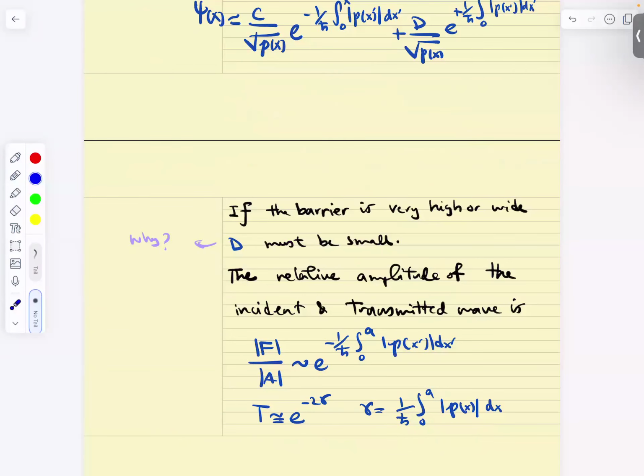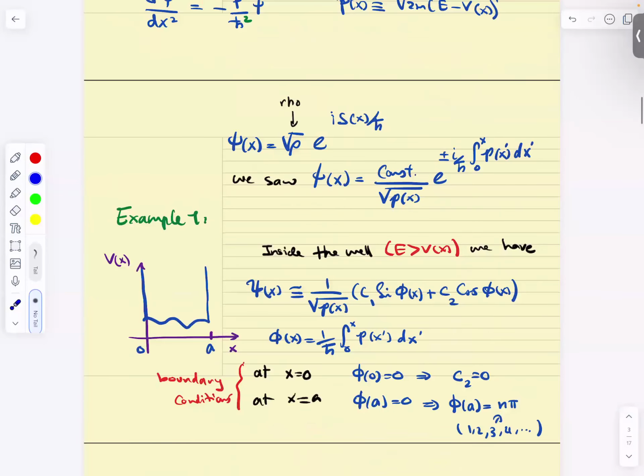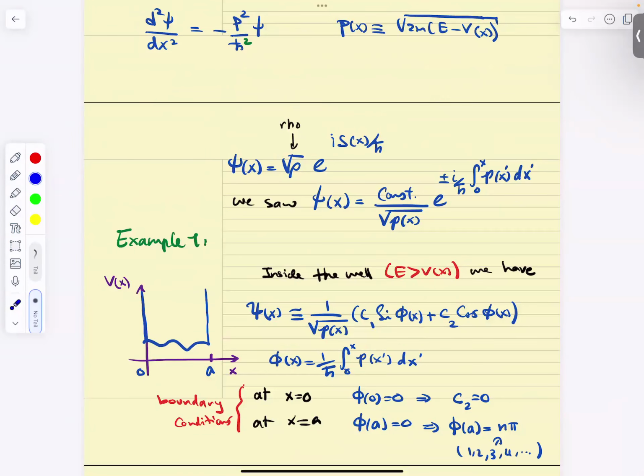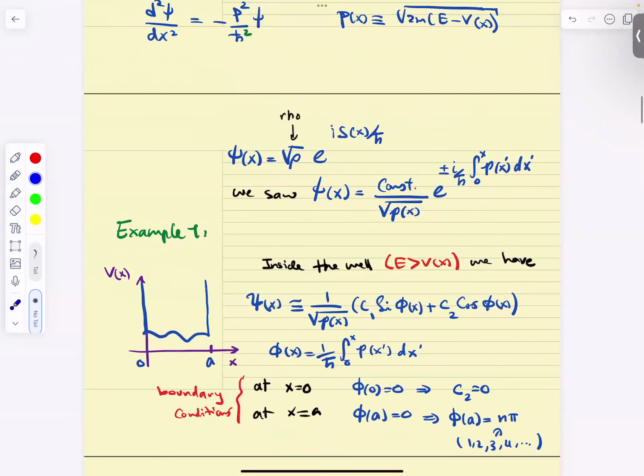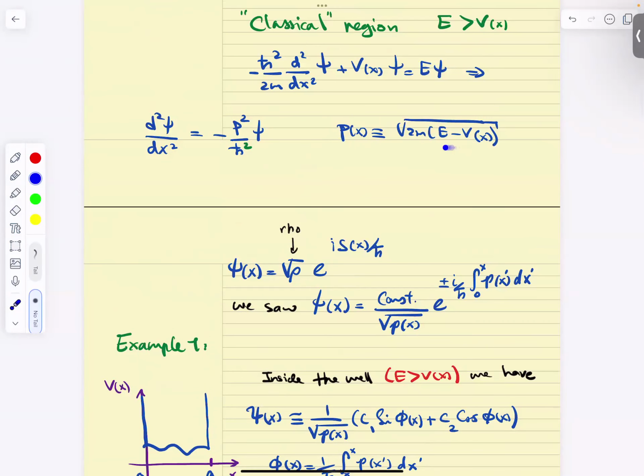Are there any questions? Yeah. So, the solution breaks down at the intermediate point. Why is it breaking down? Oh, let's see that. So what happens at that point? Look at this. E becomes equal to V of x at that point.